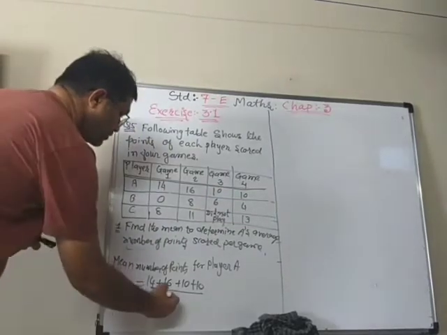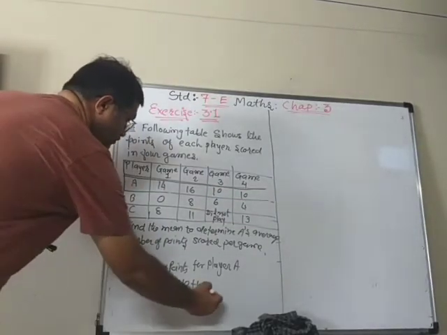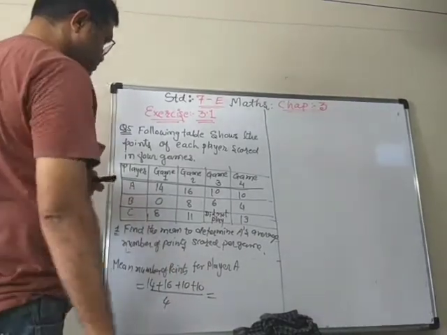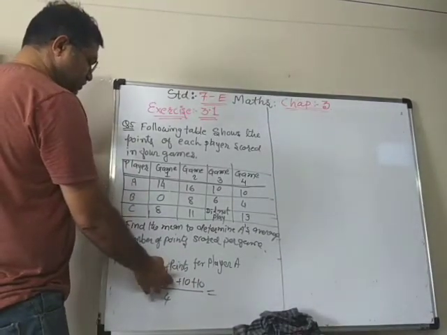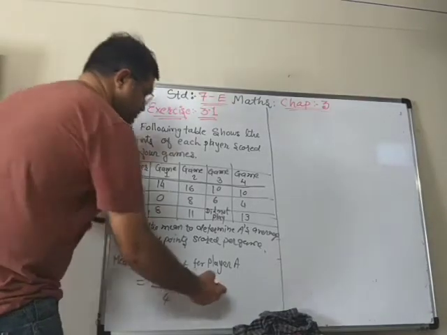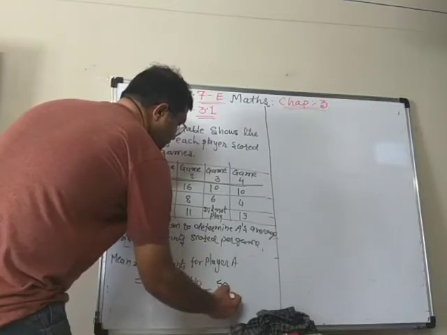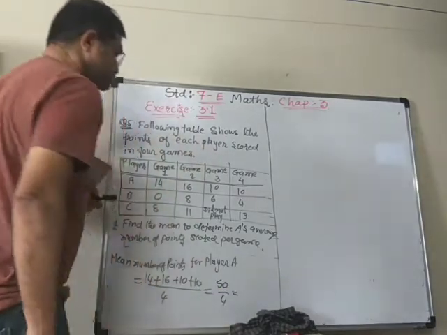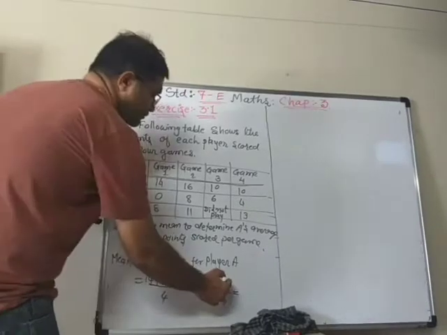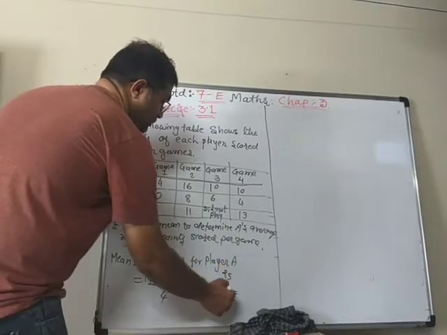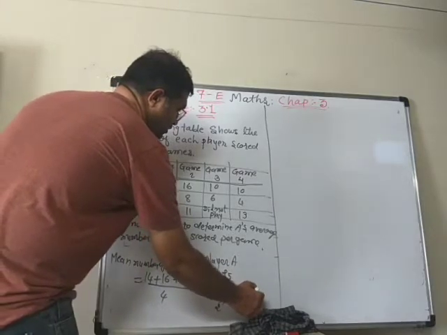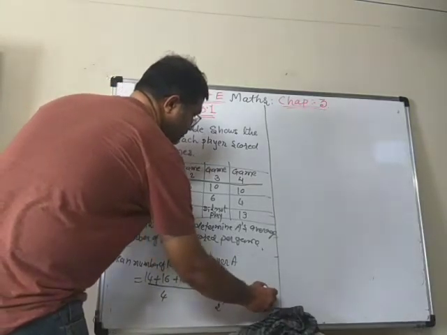So divide by 4. So you will get 10 plus 10, 20, 20 plus 16, 36, 36 plus 10, 46, 46 plus... the total is 50. So 50 divided by 4, which is 25 by 2, so 25 half is 12.5 points.